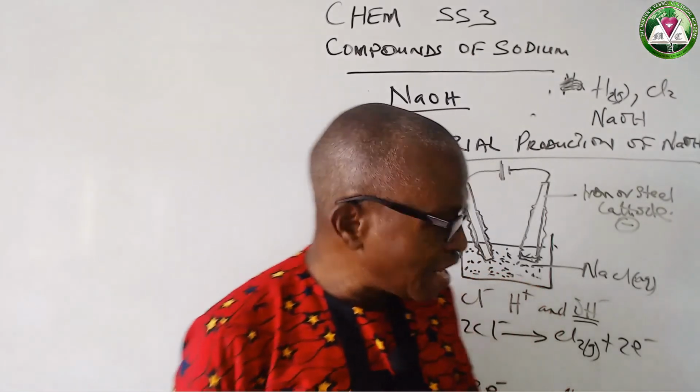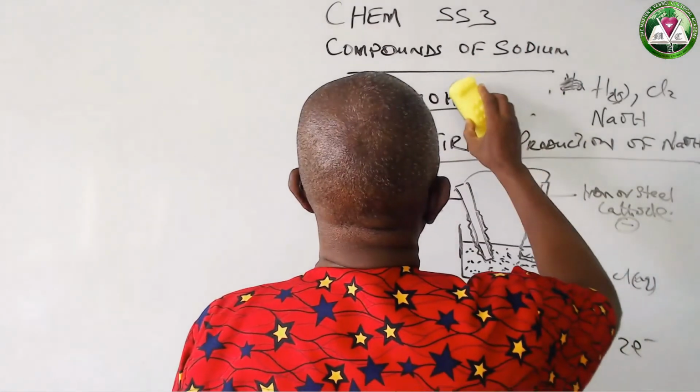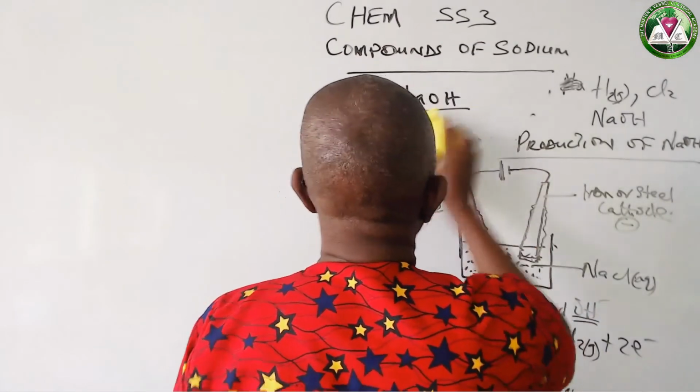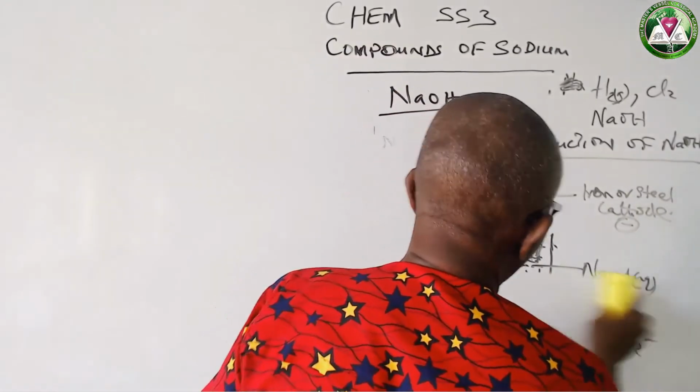Therefore, let us look at how you produce sodium hydroxide in large scale using electrolysis.